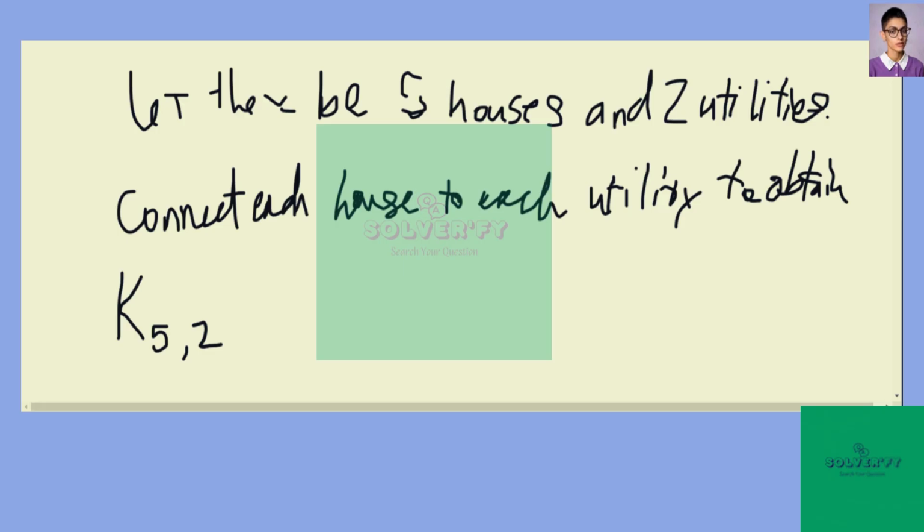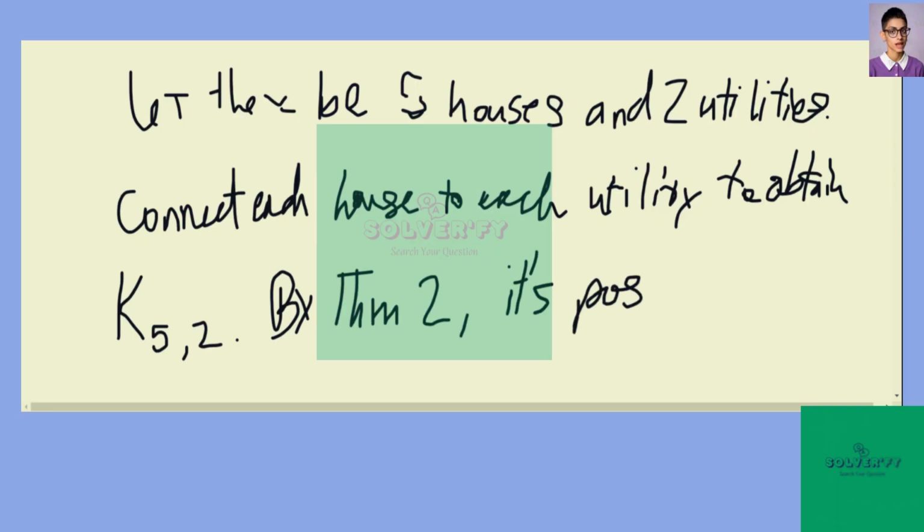And now, from the book, Theorem 2 tells us that it is possible to connect the houses to the utilities without connections crossing.